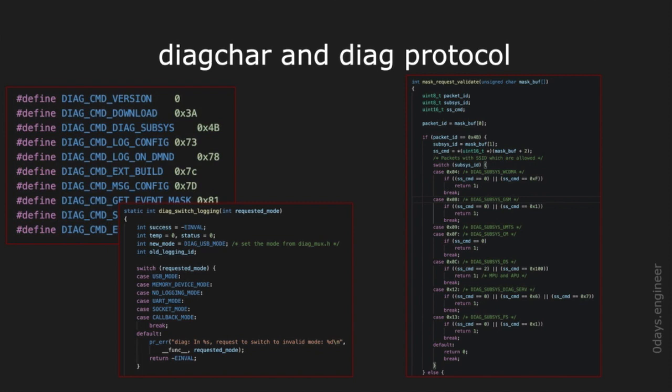Notice the procedure named mask request validate, which employs quite strict filtering on the Diag commands that you try to send through this interface. So it filters out basically everything with the exception of some basic configuration requests.